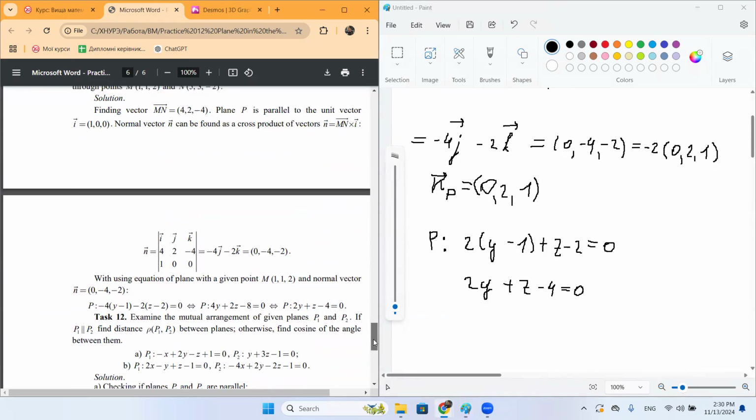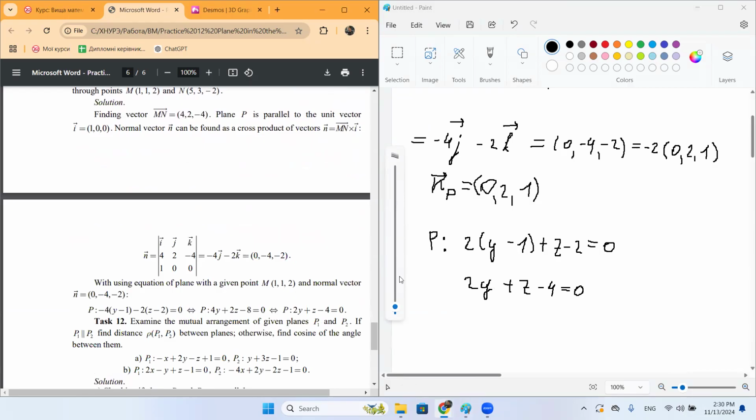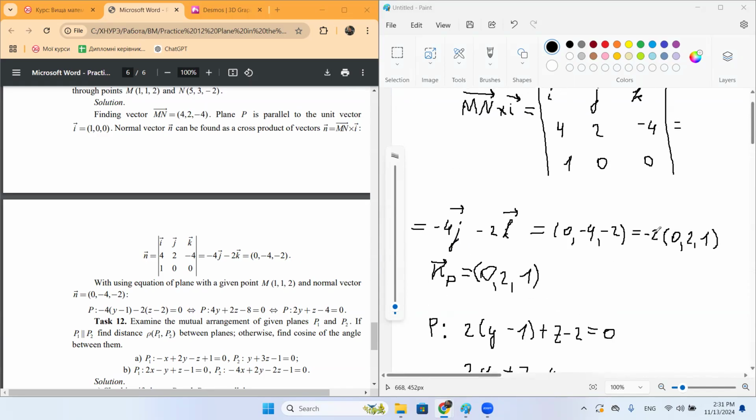Any questions about this task? If not, let's move next. Bogdan, yes? I have a question about the normal vector. When we put -2 out of the brackets, we just reduce it by 2.